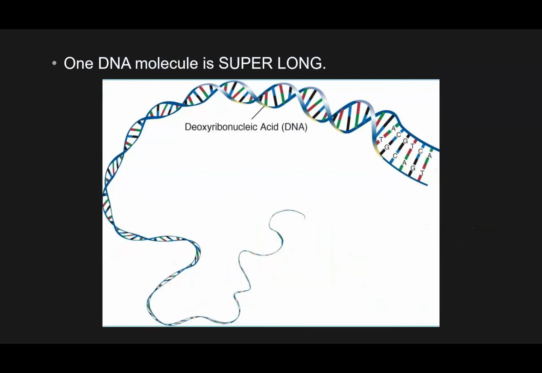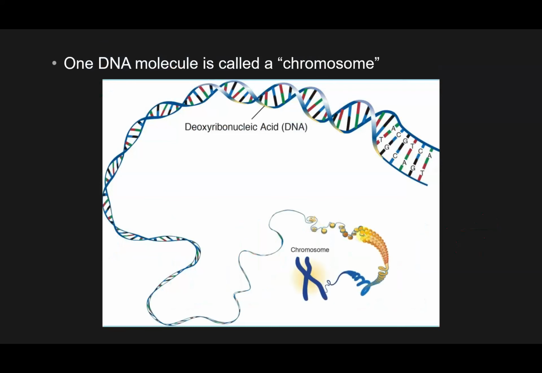So it is a super long molecule, and it is coiled up into tighter and tighter coils and eventually forms a chromosome. So this is a pair of chromosomes. One chromosome would be something like that line, and the other chromosome would be something like this.